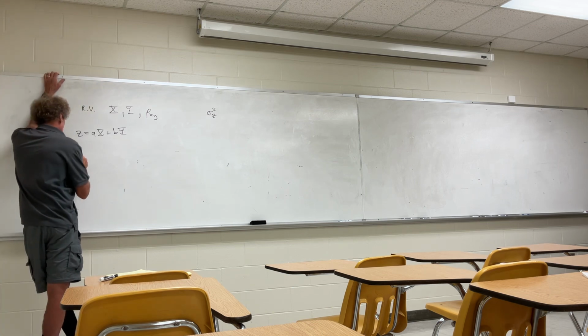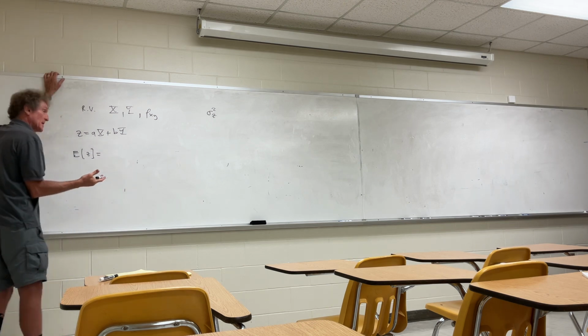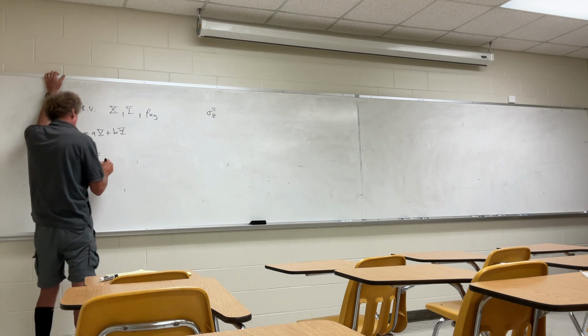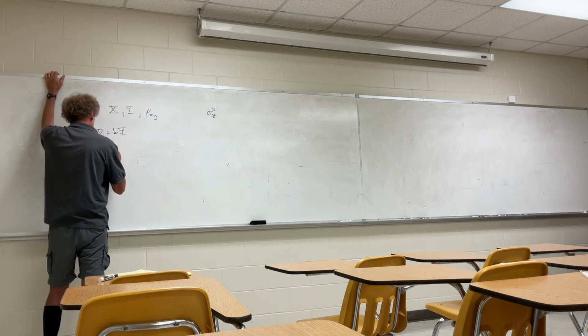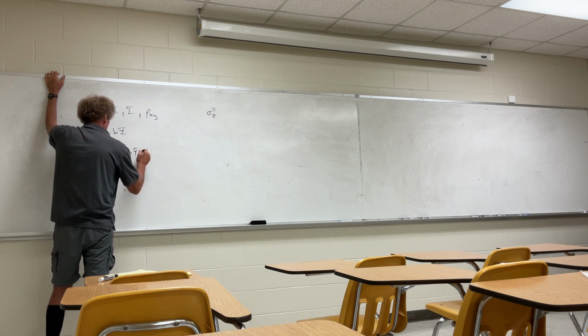So the first thing you have to get is the expected value of z. Well, how do you always get the expected value of anything? Let me go further. How about if I just take the expected value of what z is defined as, ax plus b times y.